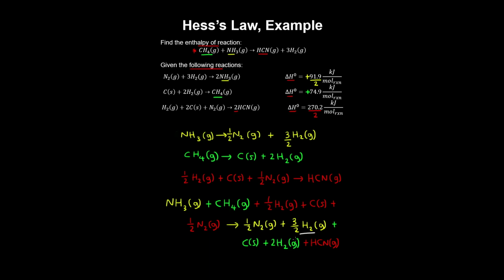So on the right hand side, we have a total of 7 on 2 moles of hydrogen gas. And now if we cancel out a half from both sides, we get 7 on 2 minus a half, which is 6 on 2.